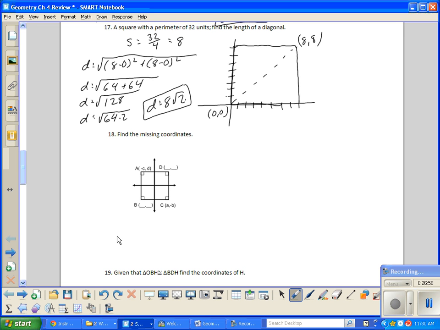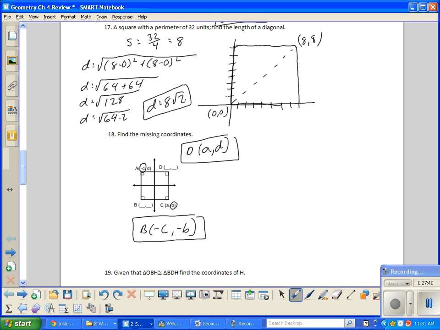So for D, the y coordinate is going to be the same as the y coordinate for A, which is D, and the x coordinate is going to be the same as the x coordinate for C, which is A. So D is going to have the coordinates of A, D, and then B down here is going to have an x coordinate that's the same as A, which is negative C, and a y coordinate that's the same as C, which is negative B. So B is negative C, negative B, D's AD.